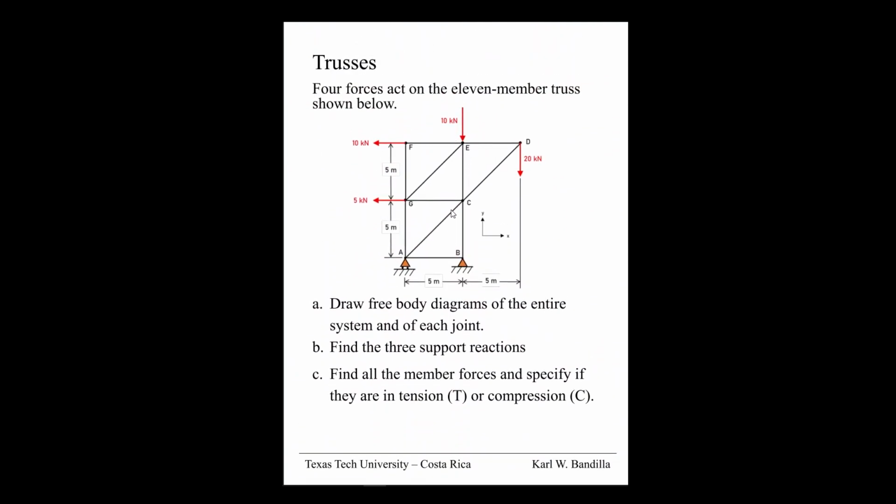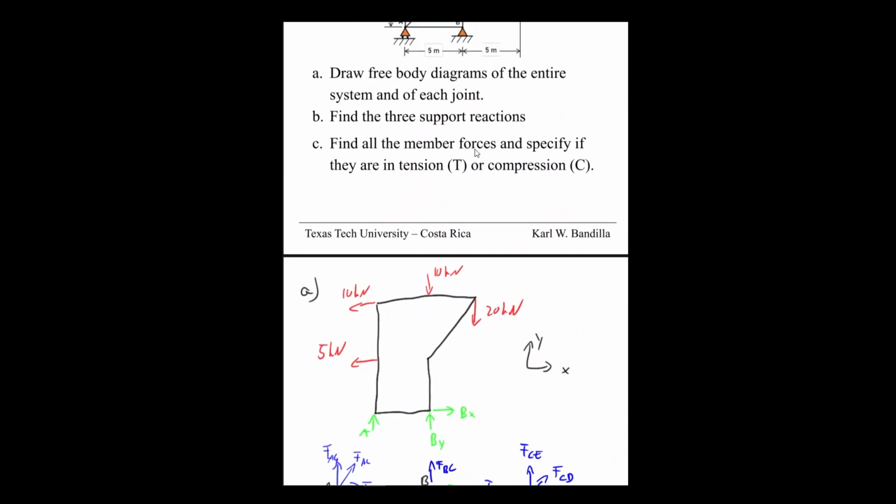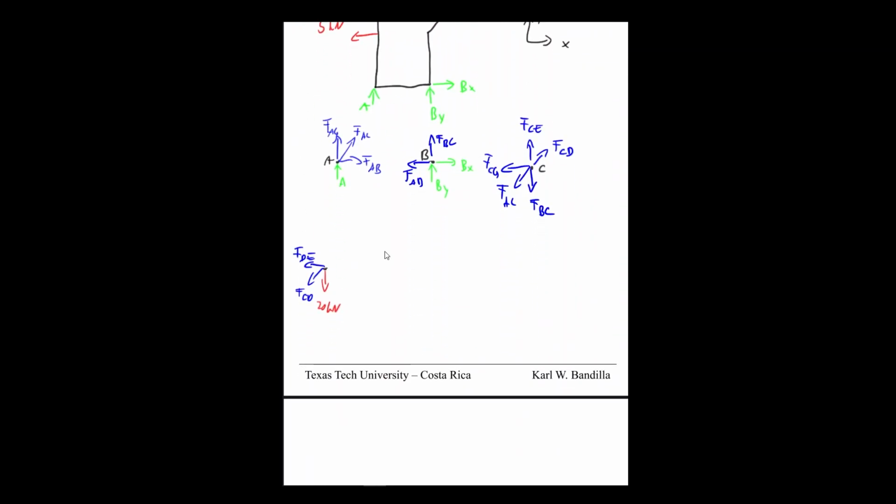Then E goes to D, to C, to G, and to F, and has a load on the top. For consistency's sake, I'll do this in black. So you have the load on the top, which is 10.